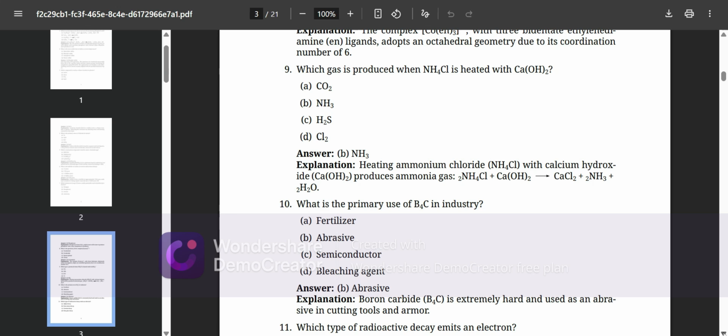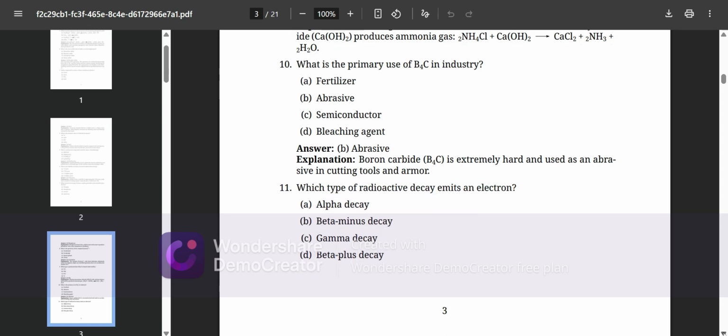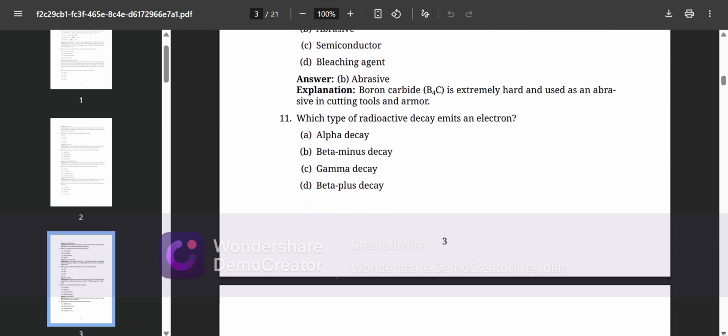NH3. Heating ammonium chloride, NH4Cl, with calcium hydroxide, Ca(OH)2, produces ammonia gas: 2NH4Cl + Ca(OH)2 = CaCl2 + 2NH3 + 2H2O. What is the primary use of B4C in industry? Abrasive. Boron carbide, B4C, is extremely hard and used as an abrasive in cutting tools and armor.